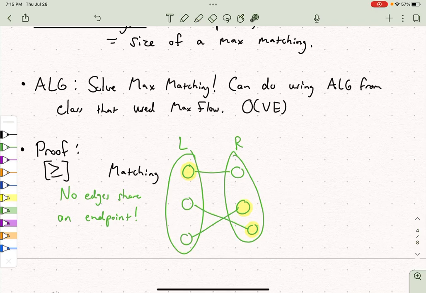We couldn't use less because they don't share endpoints. So if we just took these two and kind of hoped this edge would be covered, it would never work because we know these edges are disjoint. So the key idea here is, given any matching, the vertex cover has to have size at least the size of your matching M to cover its edges.